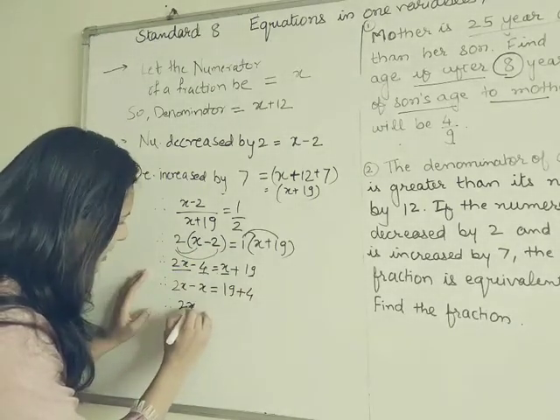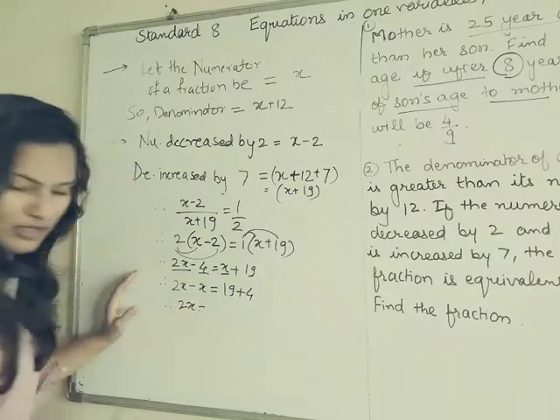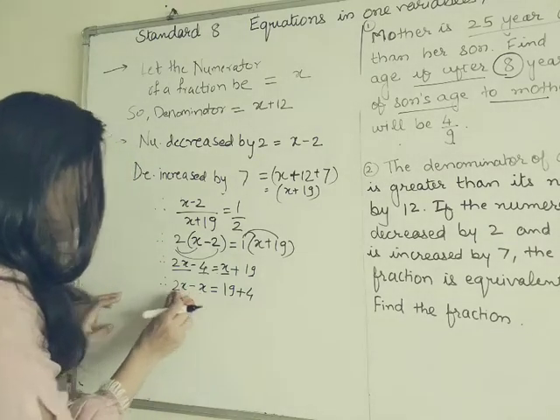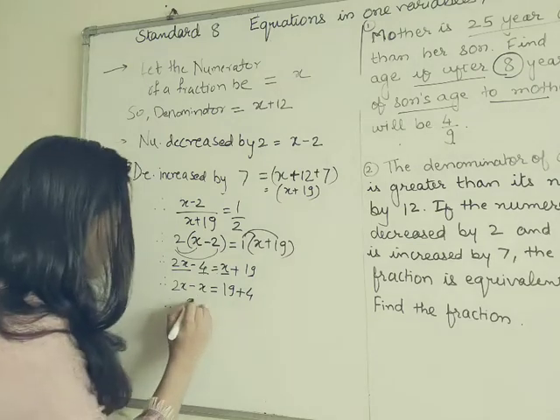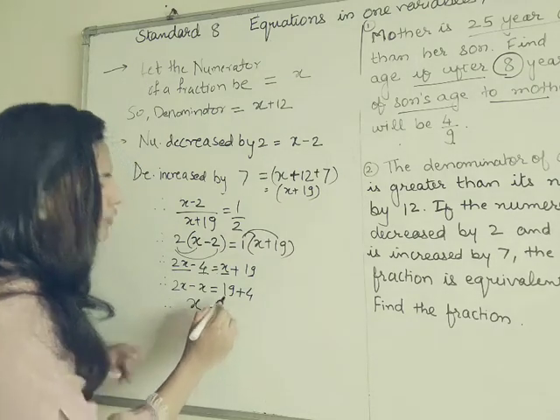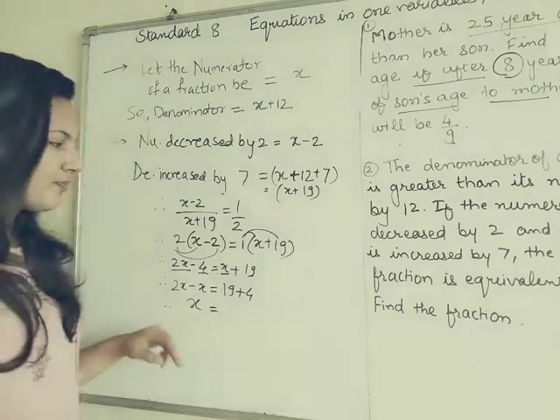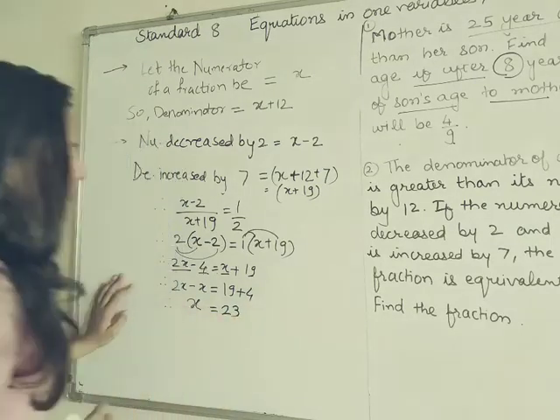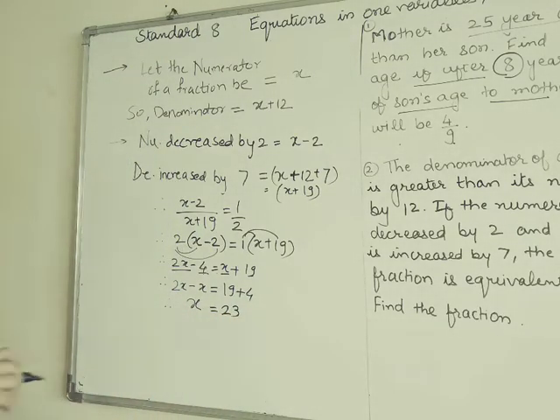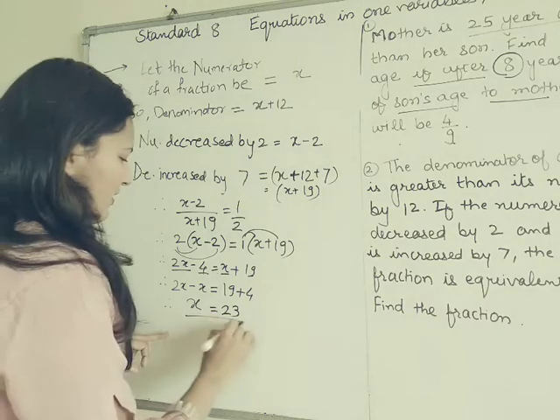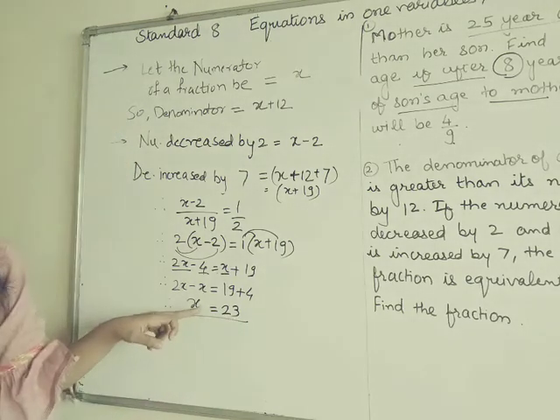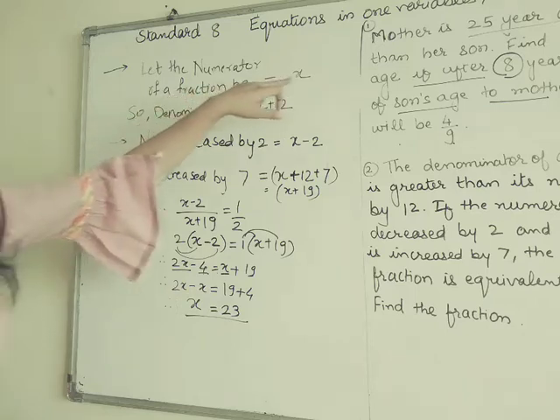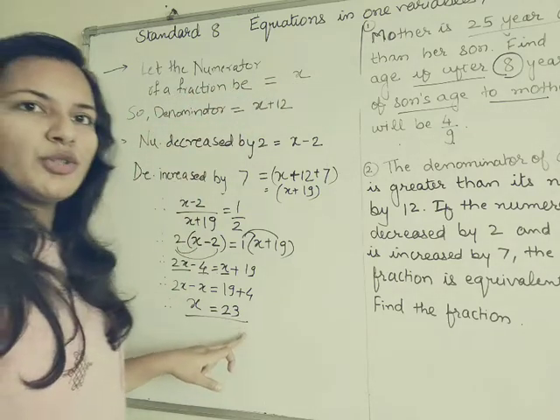So 2x minus x is x, is equal to 19 plus 4, which is 23. Okay, so we got the value of x. x is the numerator, so x is equal to 23.